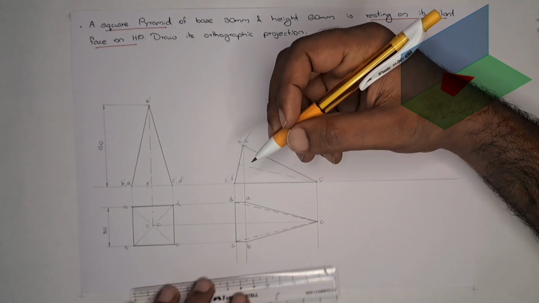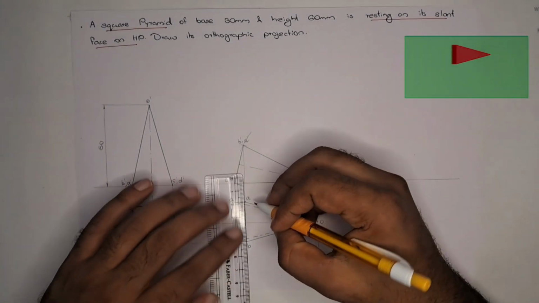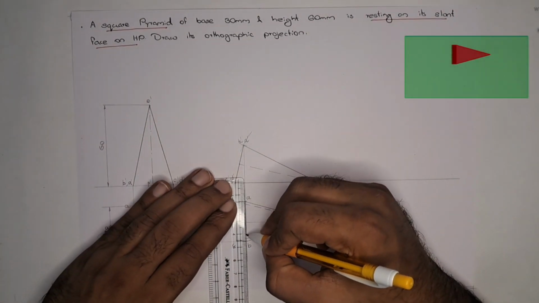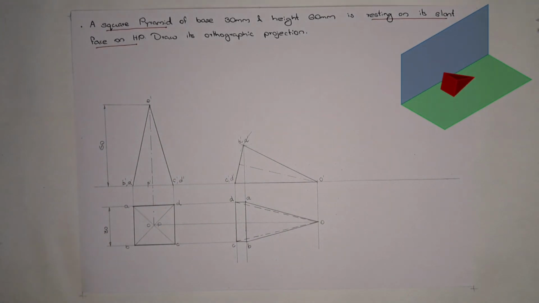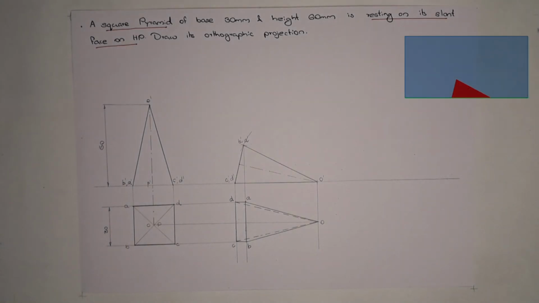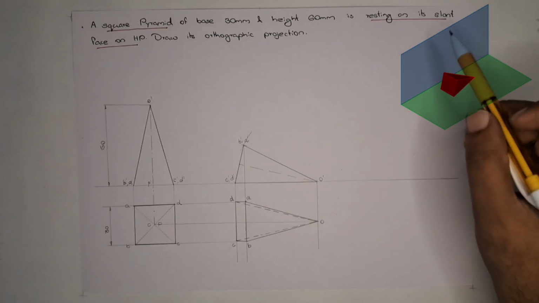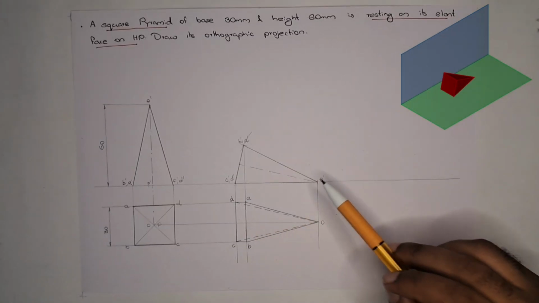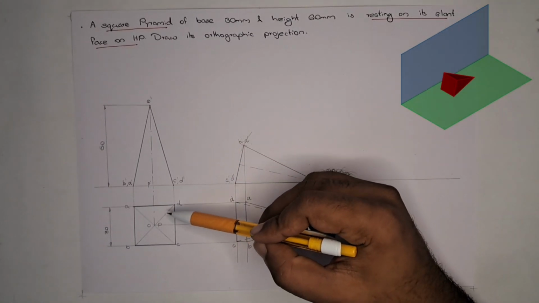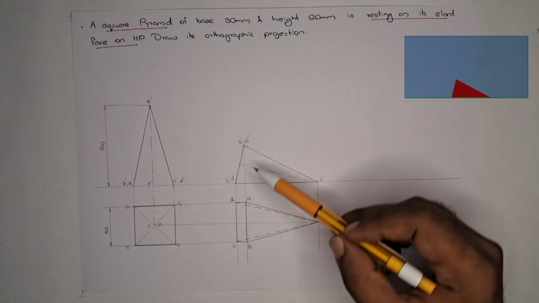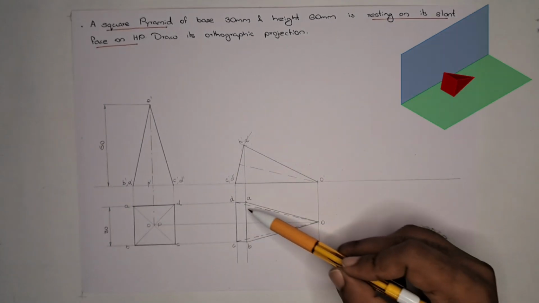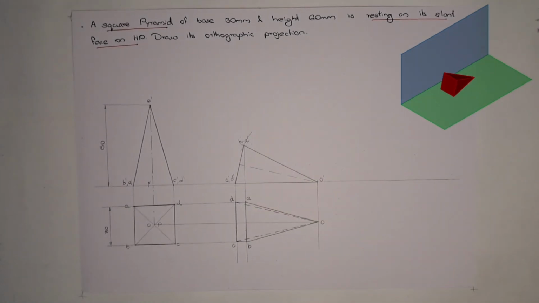We use the dash lines over here. Now we can connect the remaining AB. So this is the final figure. So here there is no inclination, but it tells us that it is resting on its slant face, that is DOC. Here the DOC is hidden. Thank you.